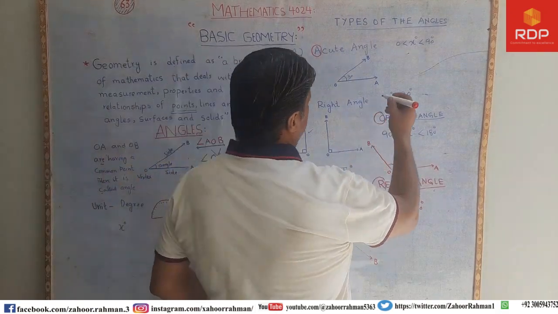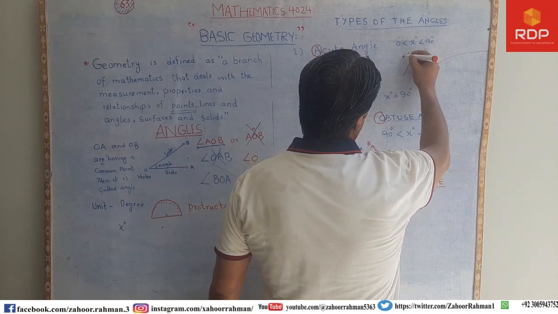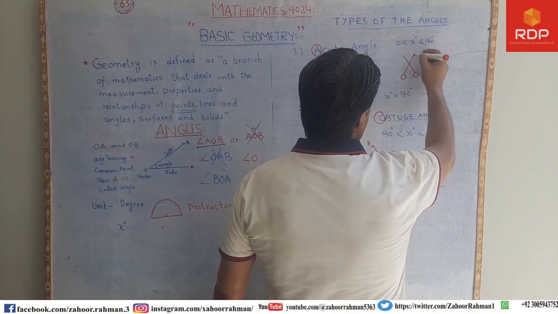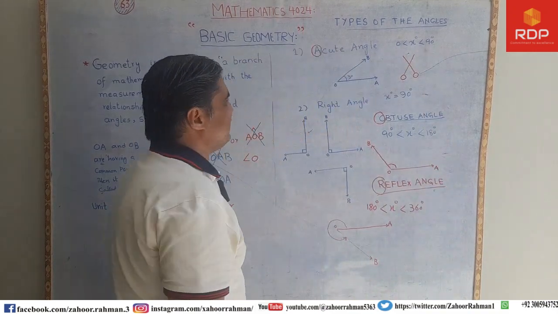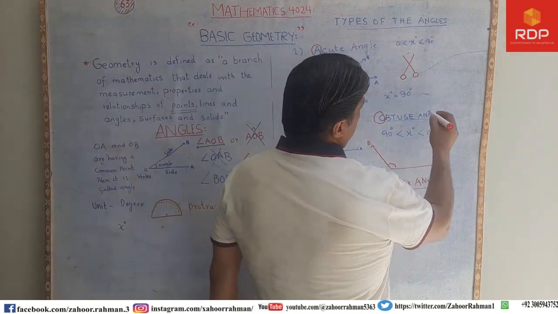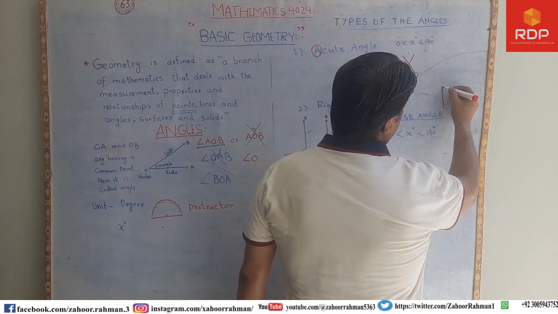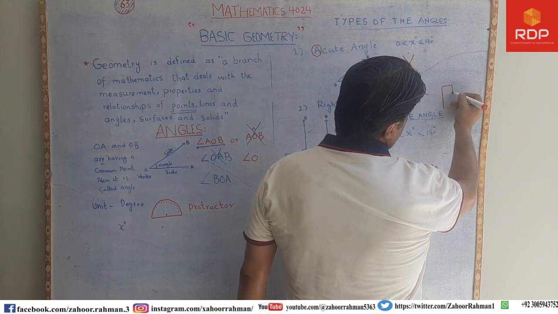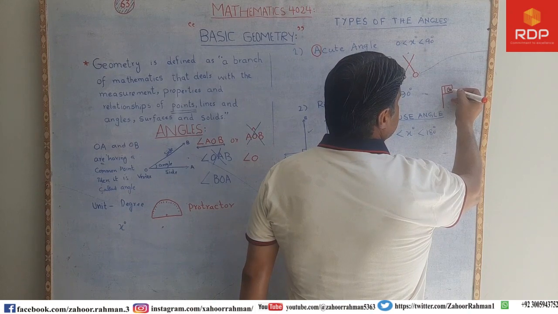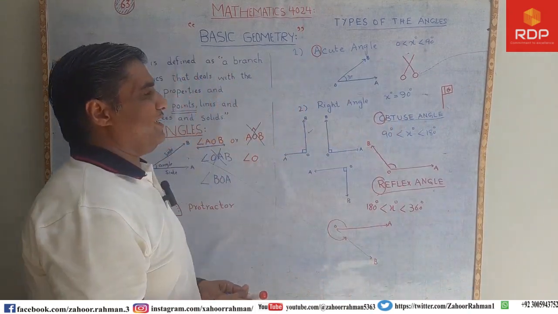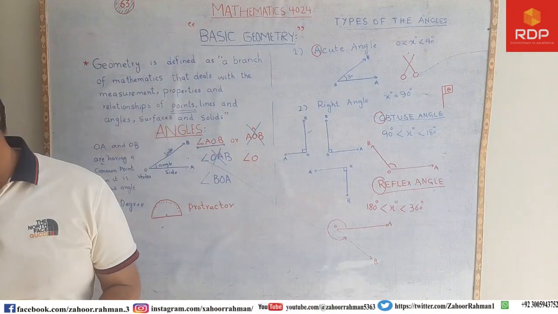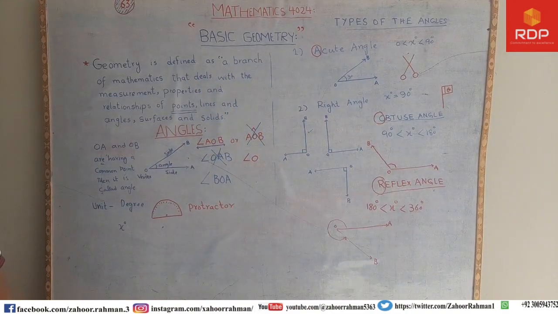If you are taking the example of these, then if you are taking a pair of scissors, that is an acute angle. For right angle you can take the flag of a country, so this one and this one is at right angle.